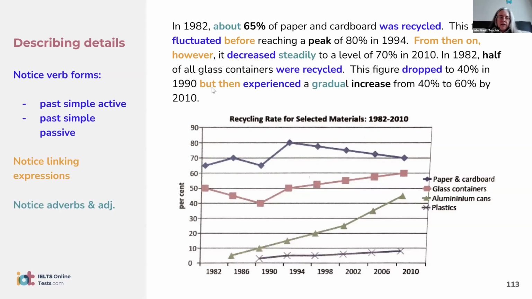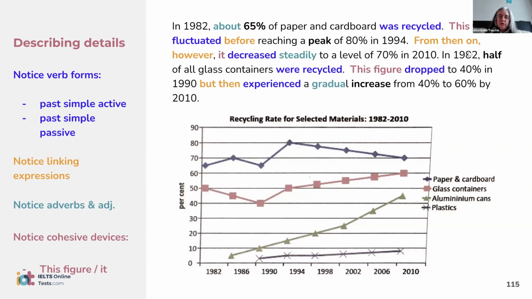Using adverbs and or adjectives to show a wider range of vocabulary. Okay, steadily, gradual. And we already mentioned linking expressions. Linking expressions are a type of cohesive device. And we've also got reference and substitution.